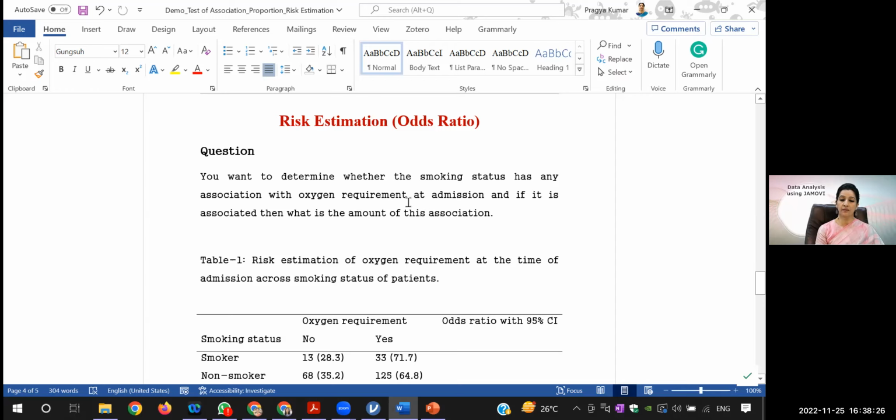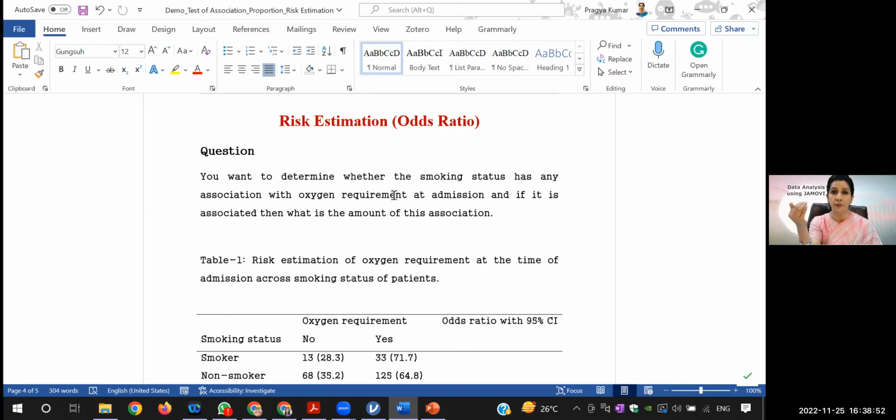We have done this in the first case also, where we did the association with phi and Cramer's V. But if you want to tell, in the context of an odds ratio, how high or how low, in that case, you can calculate the risk also. Although this option of risk, we use very less often.